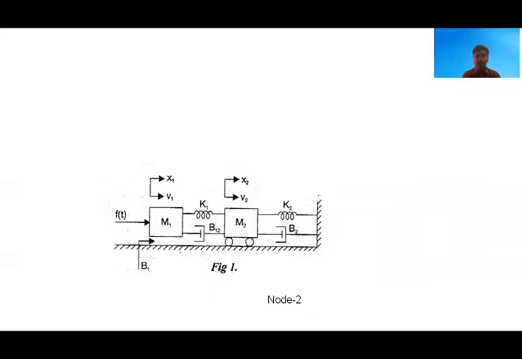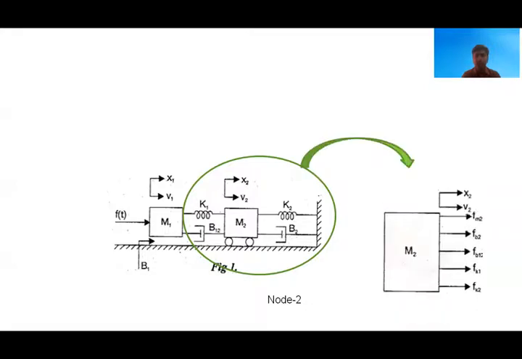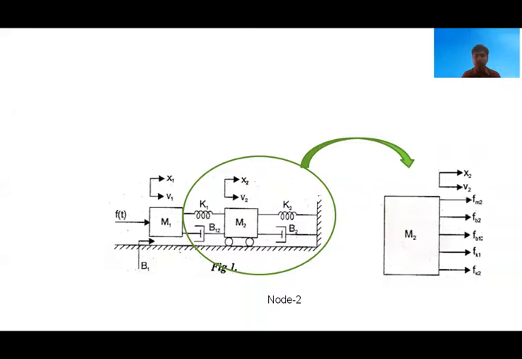Similarly, we'll draw the free body diagram at node 2. Here we have 4 components connected to M2 plus M2 acting on itself. Therefore, a total of 5 opposing forces act at node 2. FM2 is the opposing force due to the mass body itself, and FB2 is the opposing force due to the B2 dashpot.